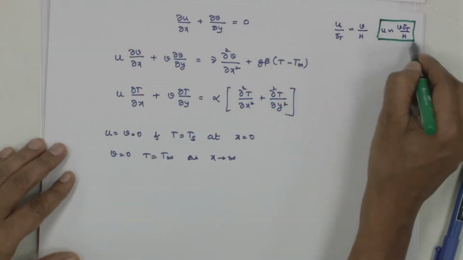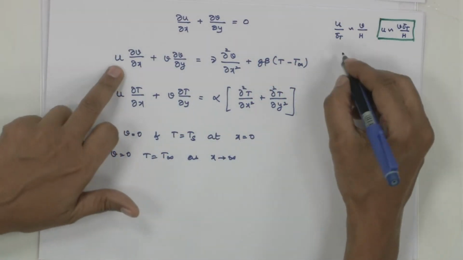If we recollect, doing scale analysis, from the momentum equation what do I get? u upon the scale of x is delta t, and v is v, and this is h. So u is of the order of v delta t by h. There is nothing new, we have done that already.